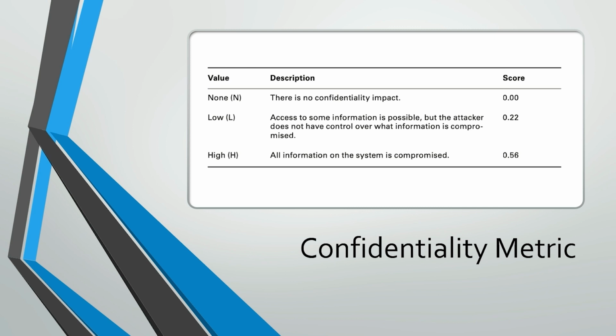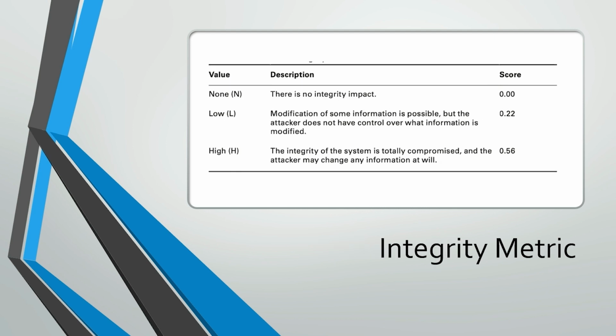What do you think? ntds.dit is where every user account and password and permissions are stored for an entire Windows Active Directory. And there is malware and viruses and exploits out there that will provide that to you. Right, that's going to be a full-blown 0.56 on this one, right? And as you can probably guess, these are all multiplication factors, so that's why they're low like this. Okay, integrity impact: no integrity impact, 0. Integrity of a system is totally compromised and the attacker may change any information at will, 0.56, and then we have a middling value there.